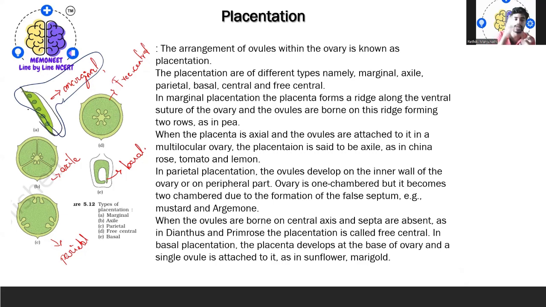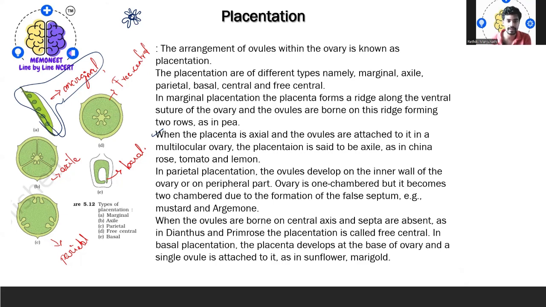In this way, the placenta is formed marginally. Now if you see the axile, when a placenta is axile, the ovules are attached to it in a multilocular ovary. If this is the ovary, the placenta is attached with multiple locules, like this. So this is how you will see axile placentation, for example in China rose, tomato, and lemon.